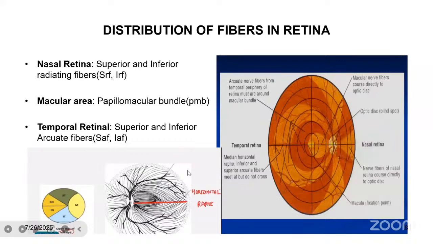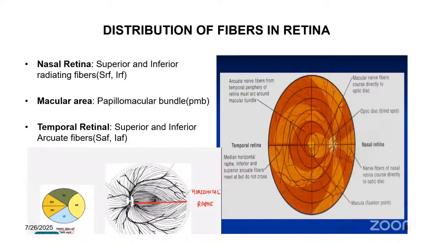And this is limited by a horizontal raphe, especially at the temporal area, where these arcuate fibers make an arc around it and end. And so there's no communication between the inferior and the superior fibers.